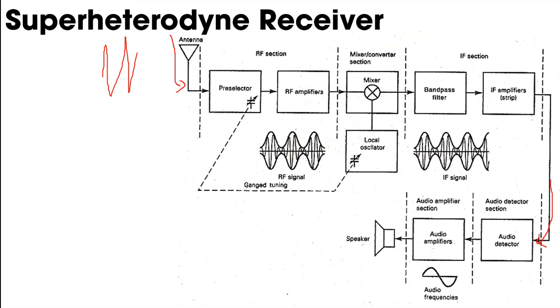And then what happens in the audio amplifiers is that it takes as input the extracted signal from our detector, and then it amplifies that signal, and then converts it back into sound using our speaker. And there we have it. We have successfully demodulated and converted our received signal using our heterodyne receiver.